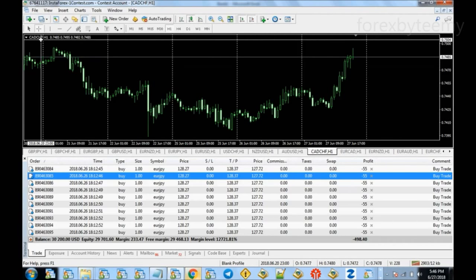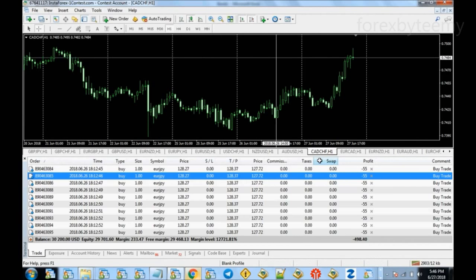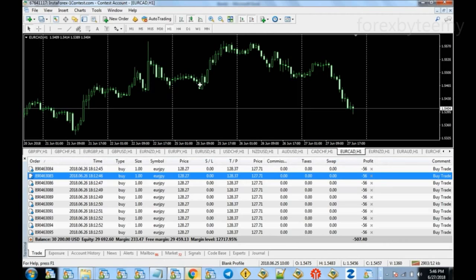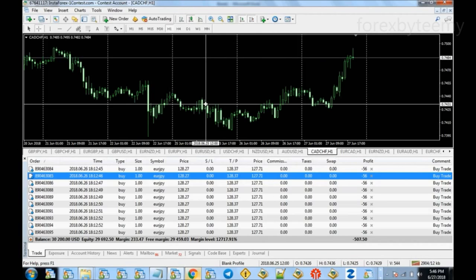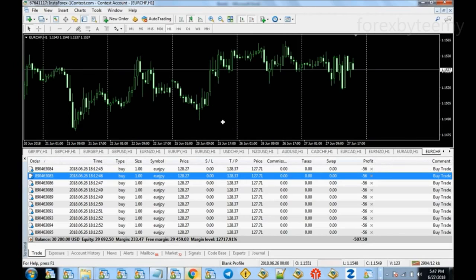So Euro CAD around 10, 11, 12, I can't really say a particular one would have been a good candidate. But by the time of the 13th hour candle at close, I'm able to say it has really been making a move towards the euro being strong. So that's why the Euro CAD would have been a very good trade to enter compared to the CAD CHF.